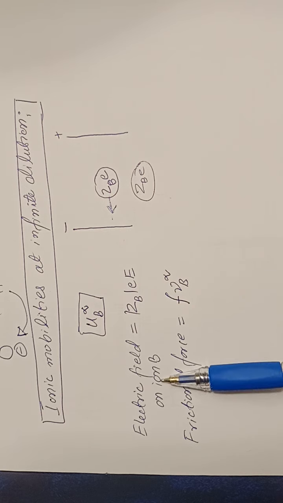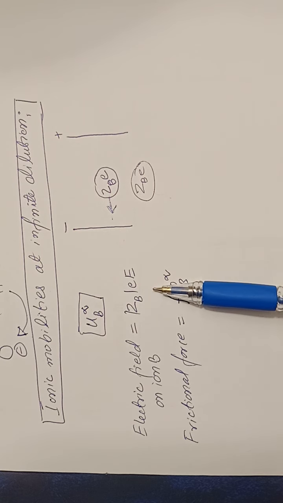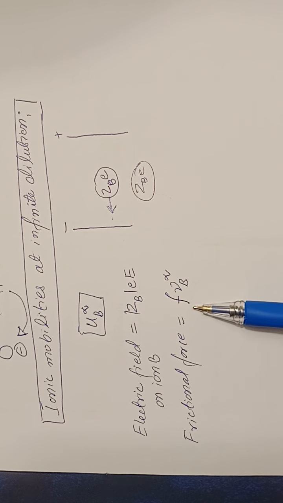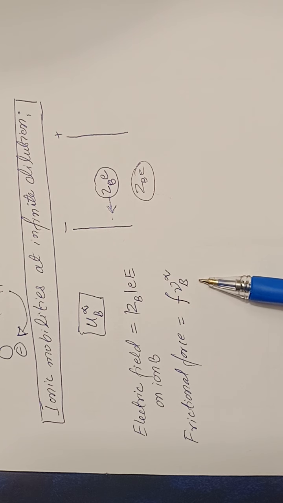Here we have the electric force on ion B equal to this term, and the frictional force is equal to the frictional coefficient times the terminal speed.